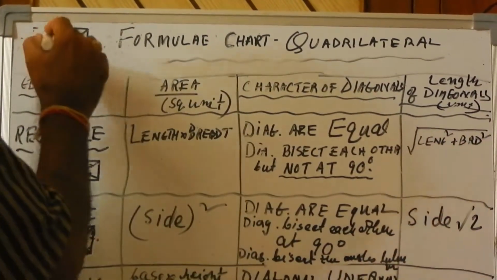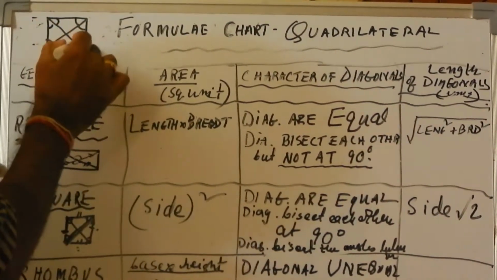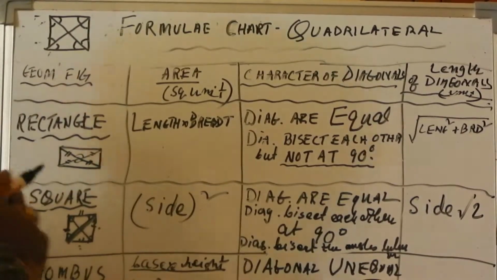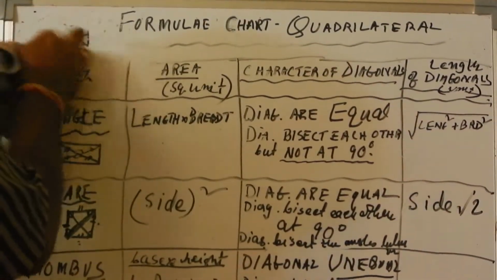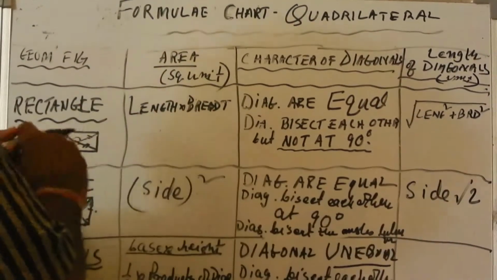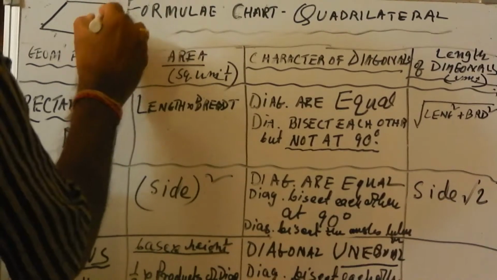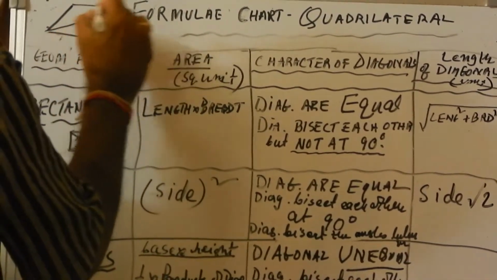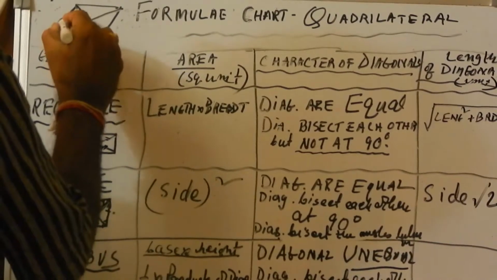Okay? So it is true for these diagonals also. This angle equal to this angle equal to this angle. And for the rhombus also the same thing applies. For a rhombus also, the diagonals bisect the angles.